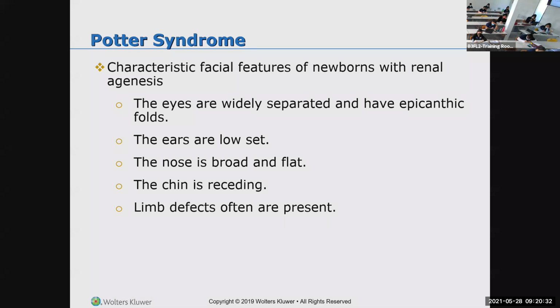Number one, eyes are widely separated and they do have epicanthic fold. Number two, ears are low set. The nose is broad and flat. Chin is receding. And these newborns also have limb defects along with renal agenesis.